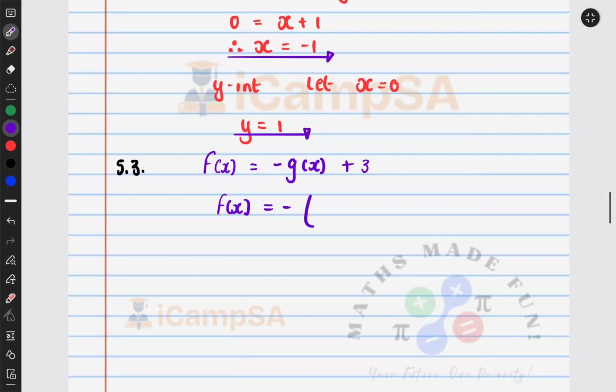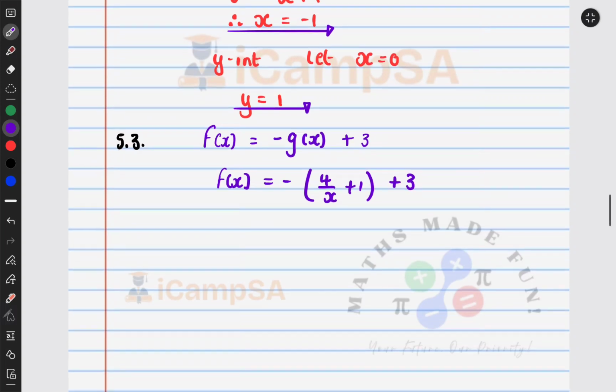So we're going to have negative 4 over x plus 1 plus 3. So therefore f at x is equal to negative 4 over x, minus 1 plus 3 is going to be a positive 2.